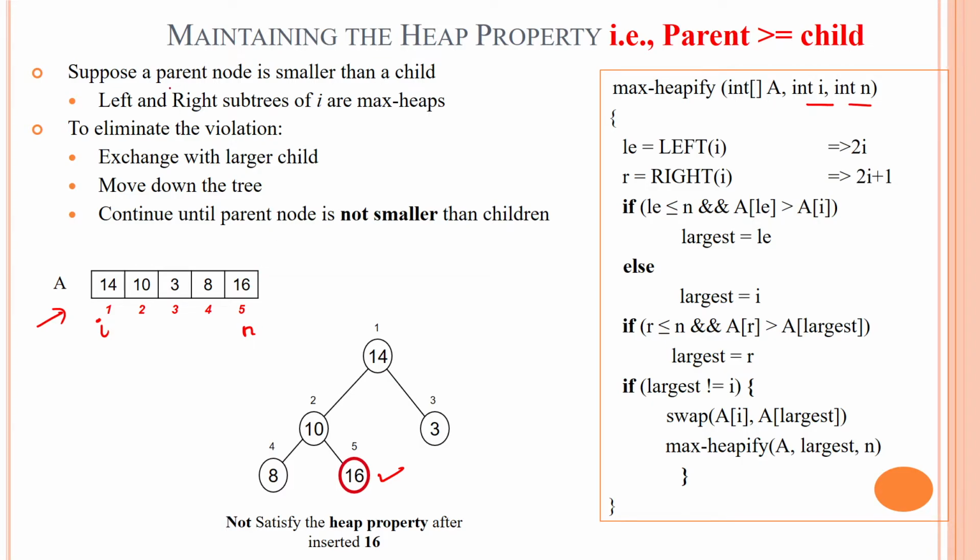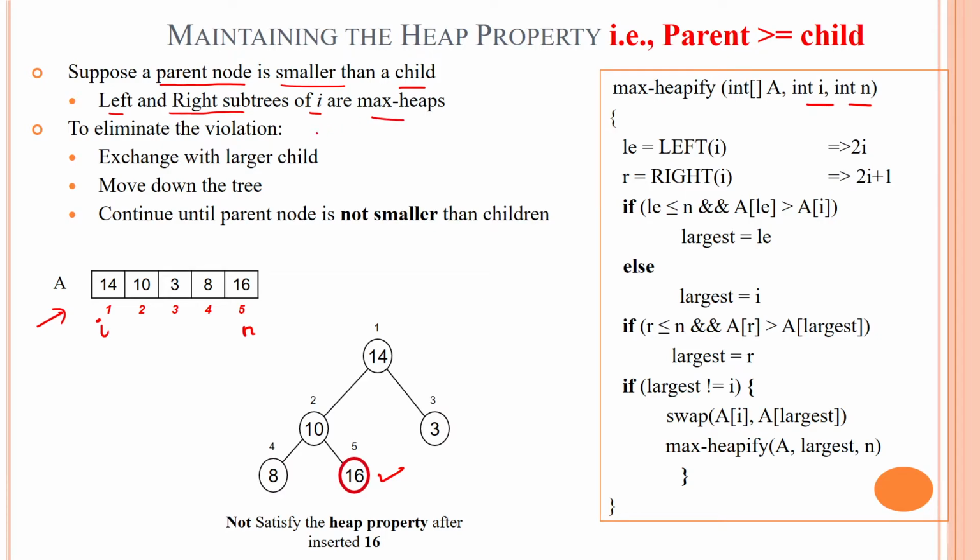Whenever we insert a node, we should check the heap property, whether the parent node is greater or smaller. If the parent node is smaller than its child, we have to do the movement. The left and right subtrees of the node i should follow the max heap property.